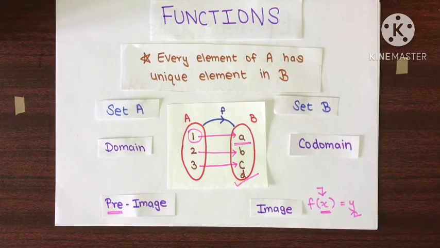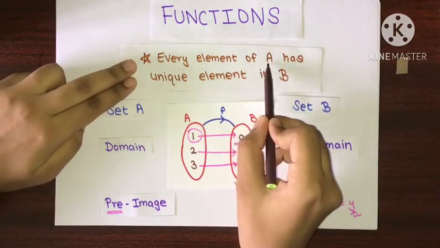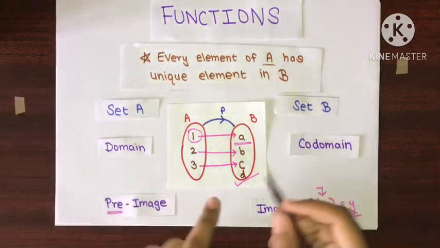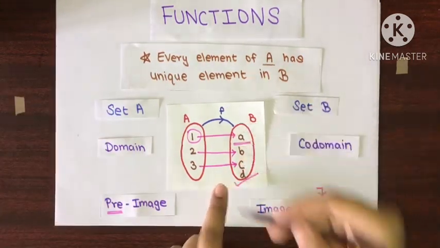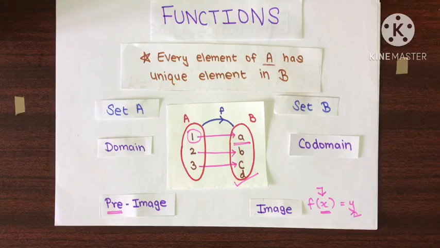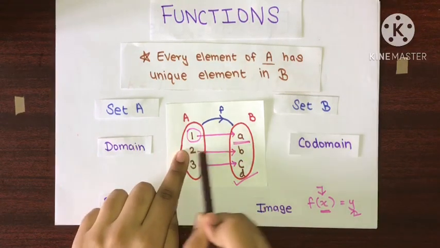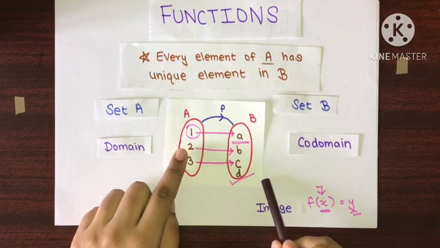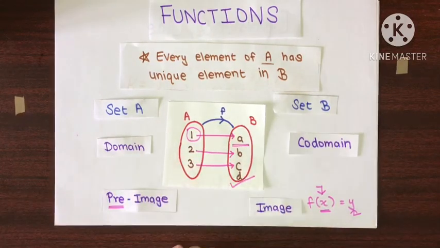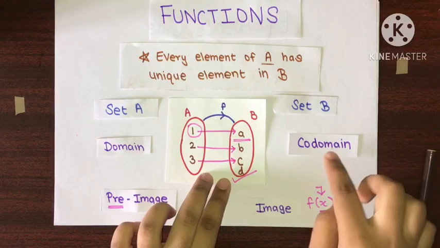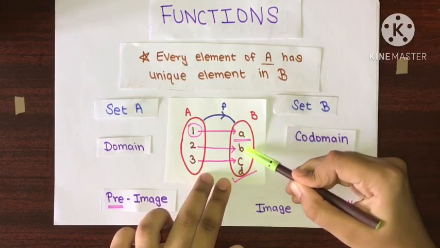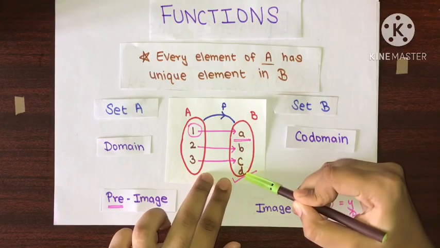Now here's where you have to notice, every element of A has to have a unique element in B. It doesn't say anything about the elements in B, right? So technically speaking, every element in A has a unique element in B. This is still a function. It's all right, okay? So in this case, your codomain would consist of a, b, c, and d.